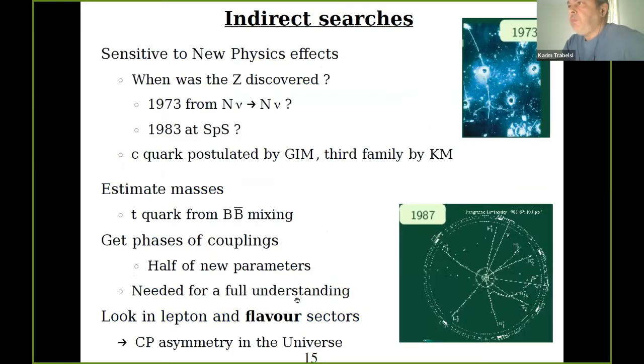sensitivity. So for the indirect search, I wanted to give a classic example. Because I just said that new physics can enhance or suppress those decay rates of rare decays.